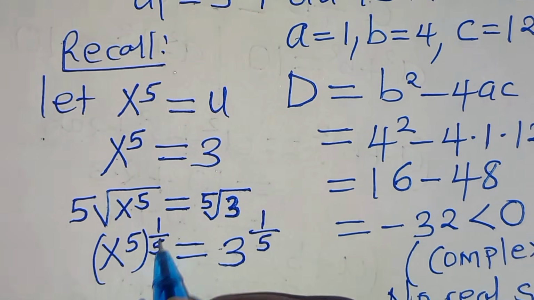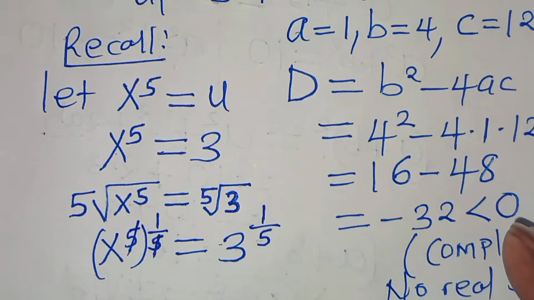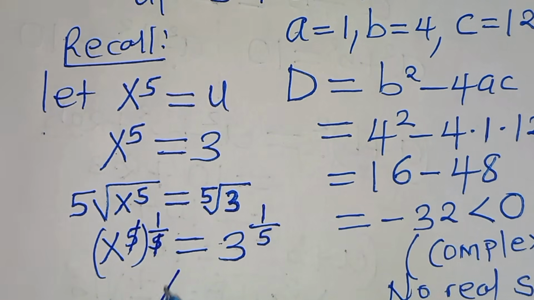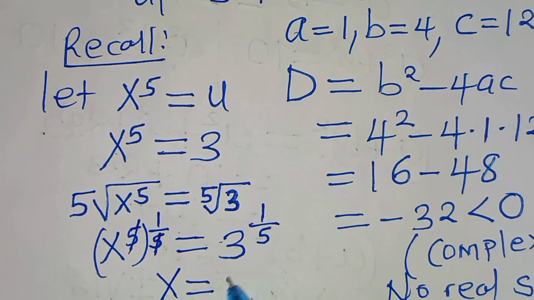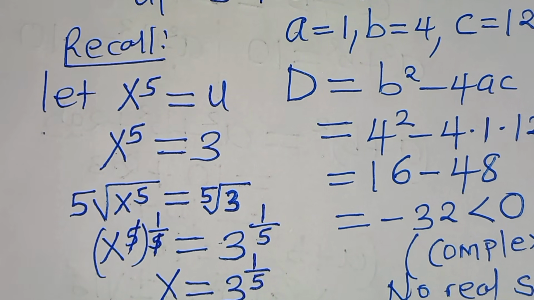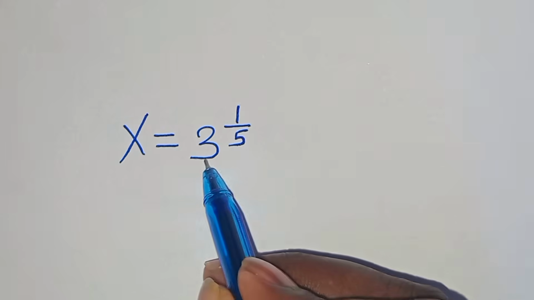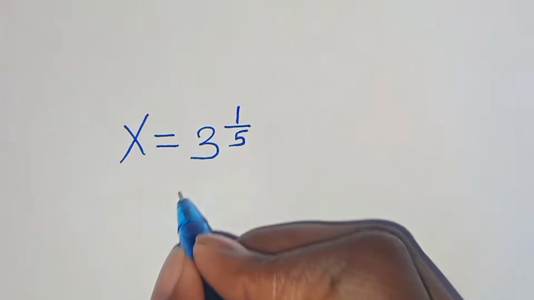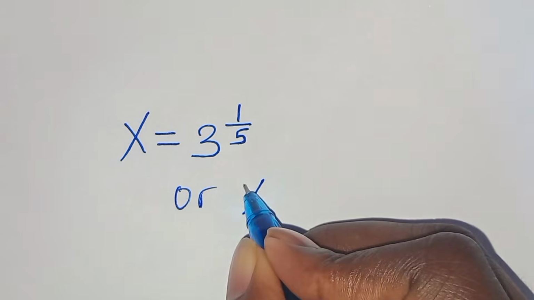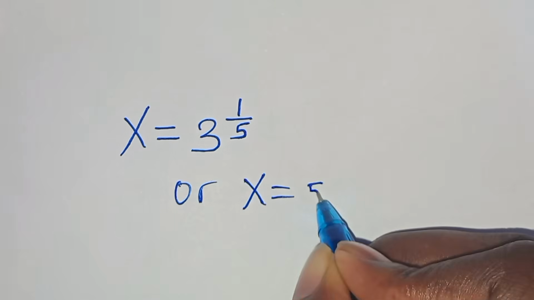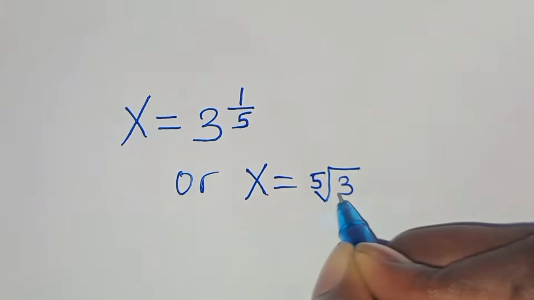So if you simplify here, 5 and 5 simplify, so that now the value of x here is equal to 3 raised to the power of 1 over 5. Now we have the value of x is equal to 3 to the power of 1 over 5, or we can express x as the fifth root of 3.